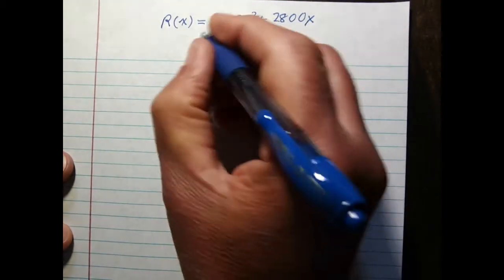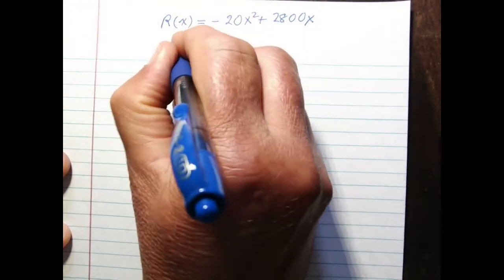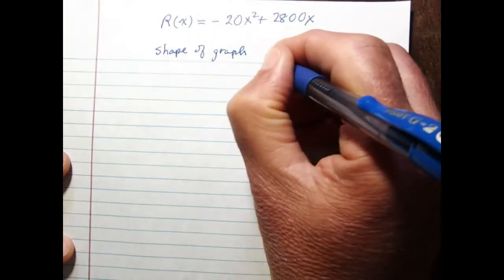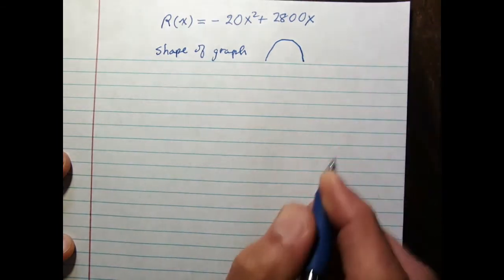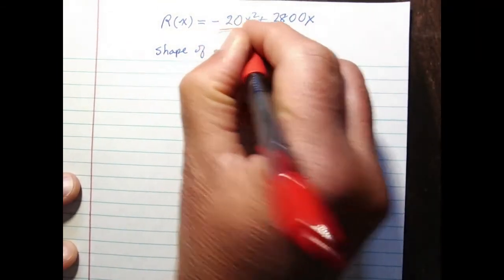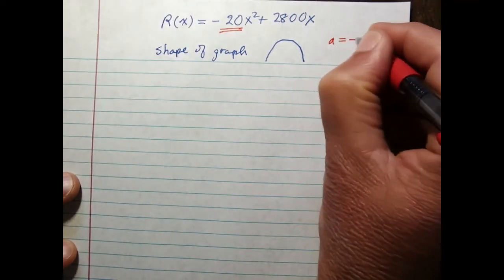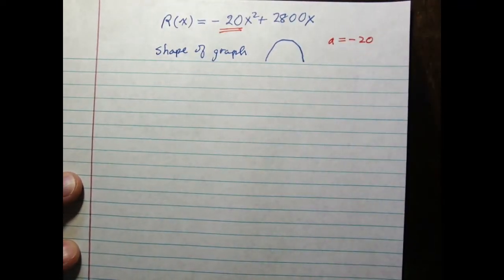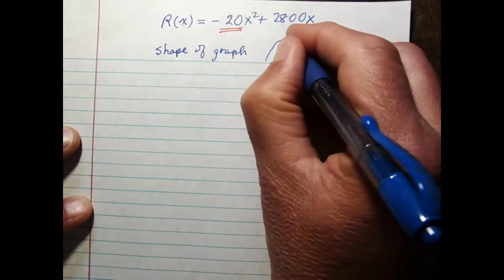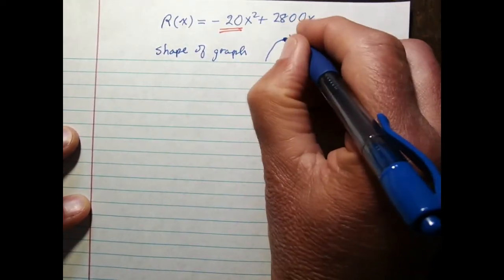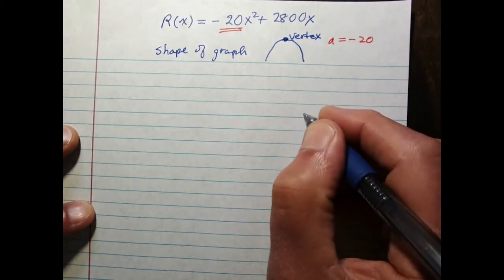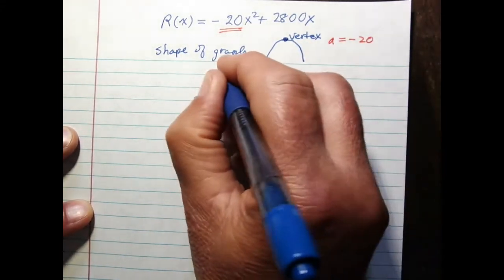Now, we know the shape of the graph is going to be an overturned U-shape because our a value is negative on the quadratic function. So we know the vertex is a maximum point.